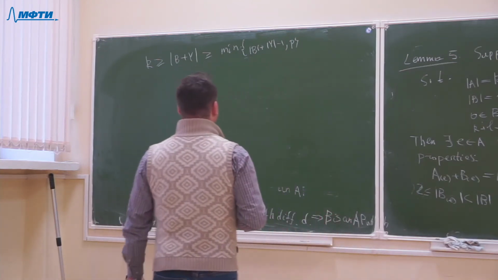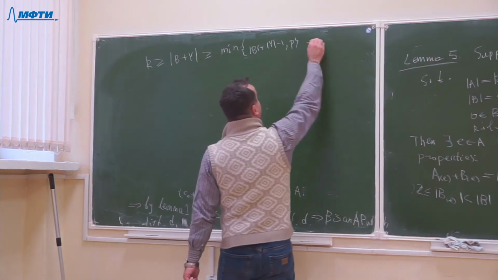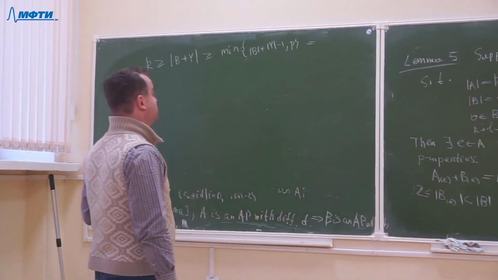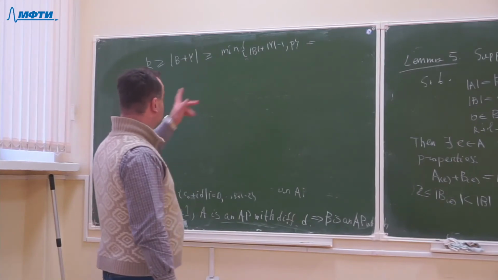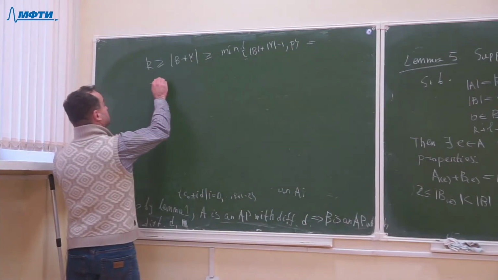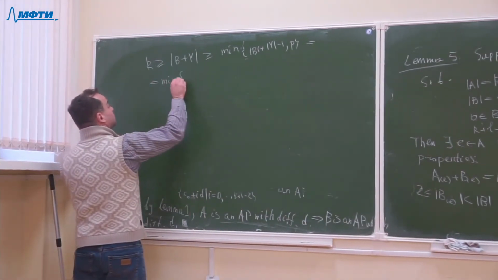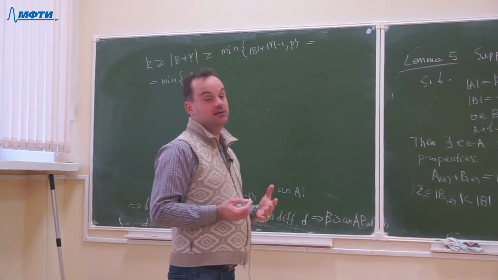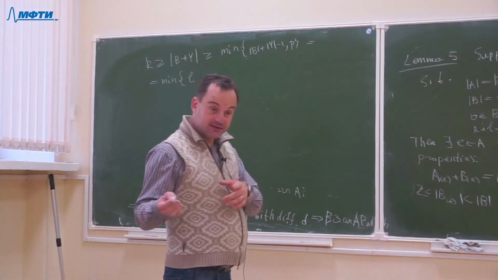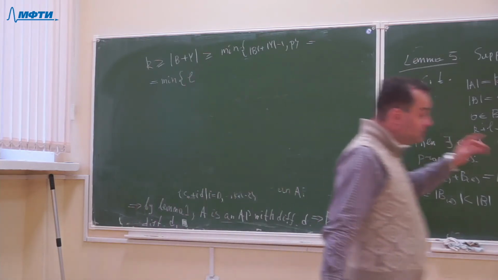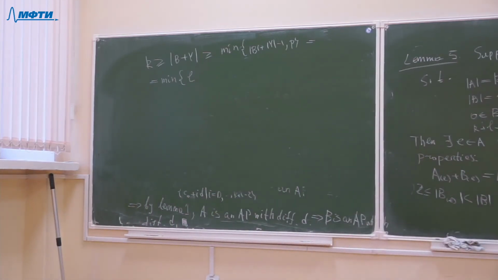Well, what does this mean? This means that cardinality of B is L, cardinality of Y is K minus cardinality of X, right? Because Y is the complement of X to A, right?